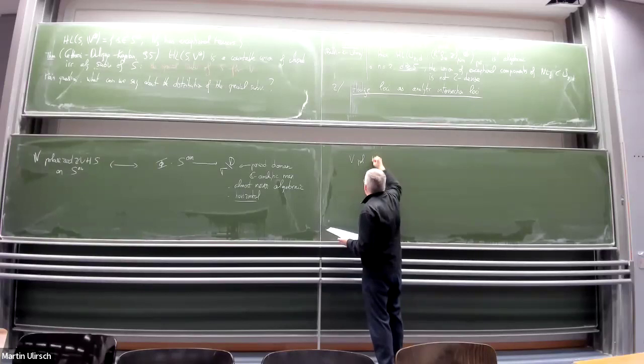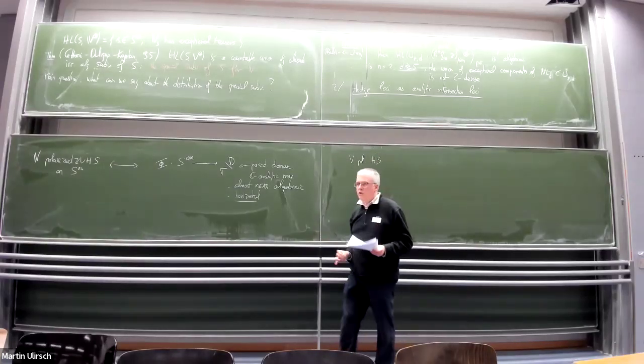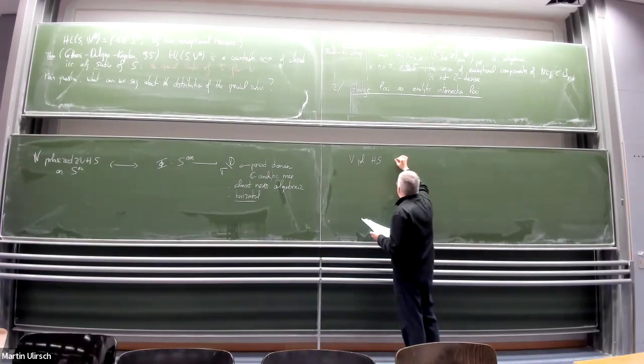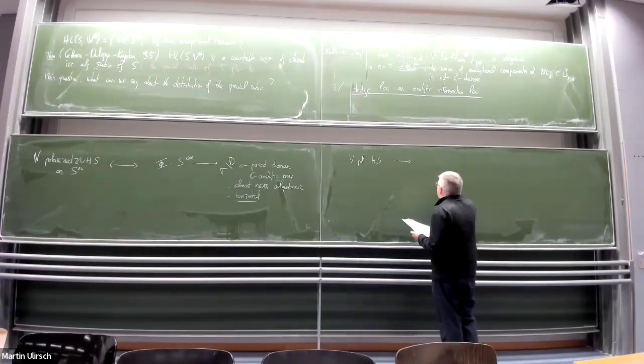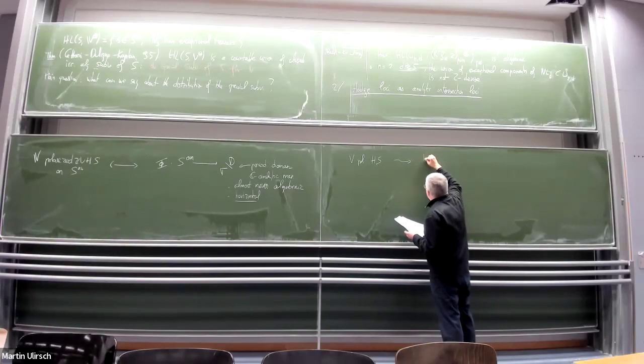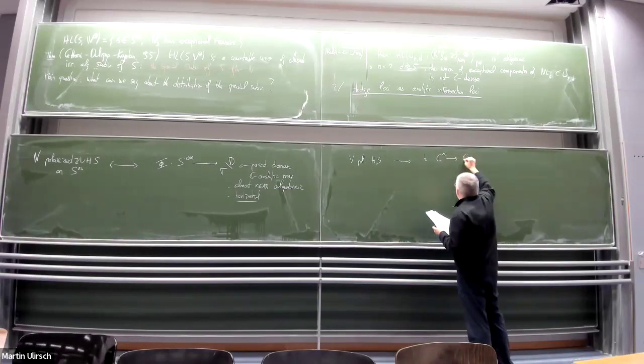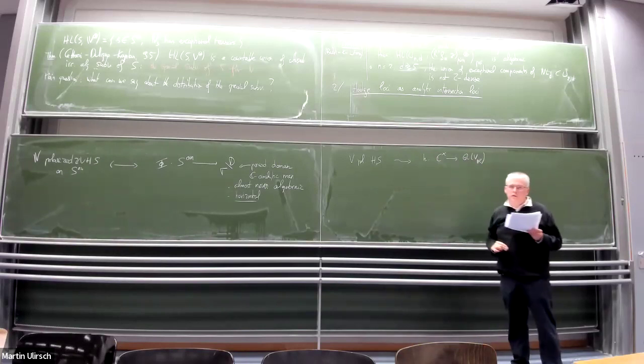Suppose you have a polarized Hodge structure, just one vector space with a Hodge decomposition on it. Associated to that, it is just given by a representation of C star in the real algebraic group of the underlying real vector space.